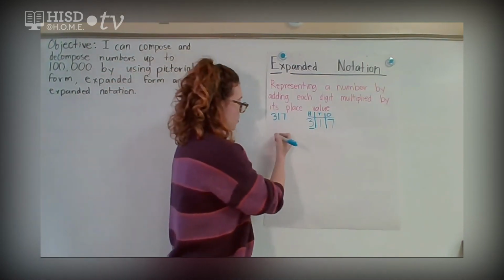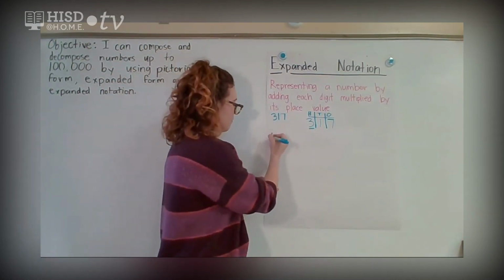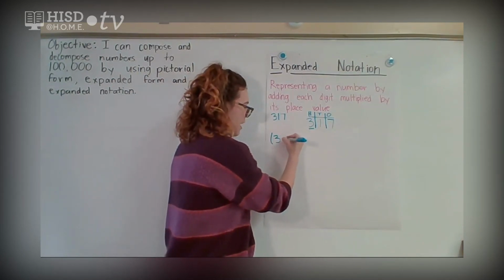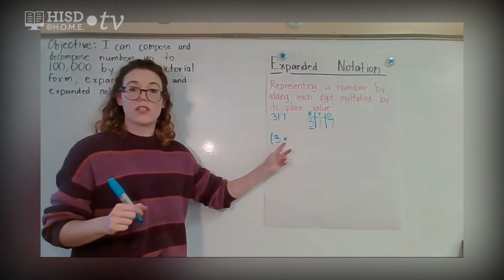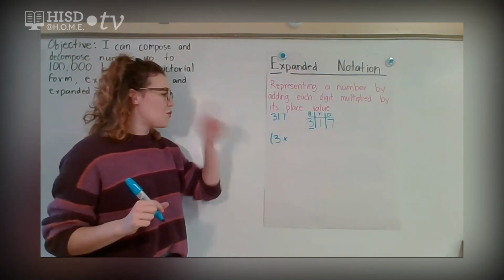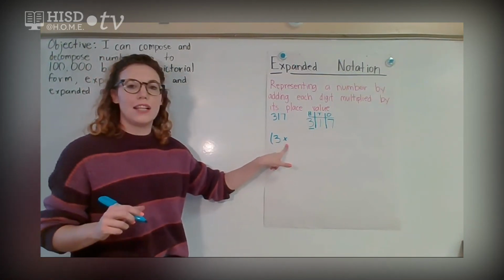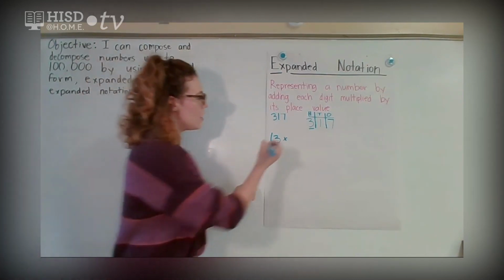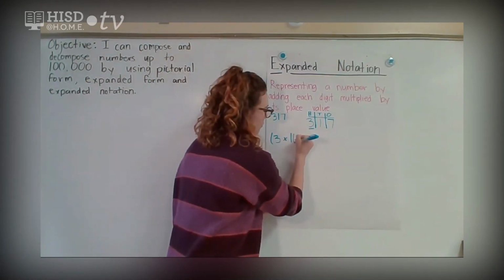I have 3 100s. So what I'm going to do is write a parenthesis. I'm going to have 3 groups of, and for groups of, I do a multiplication sign, a little x. 3 groups of, how many do we have 3 groups of? 100. 3 groups of 100.